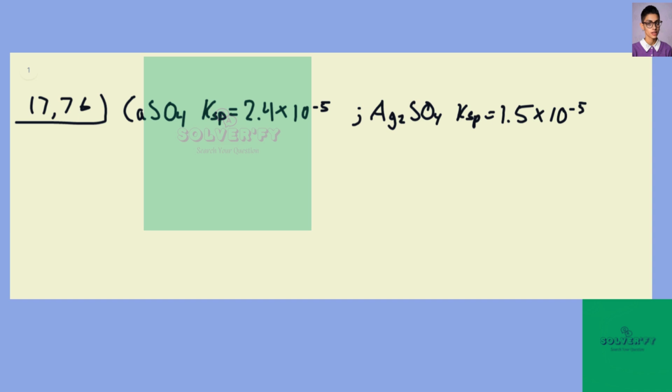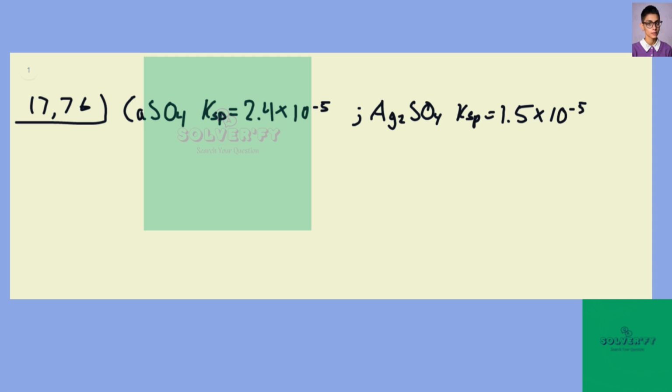So here it's not immediately apparent based on the KSP values which one will start precipitating. Firstly, because they're so close in value, and second, because we have a 1:2 ratio for silver sulfate and a 1:1 ratio for calcium sulfate.